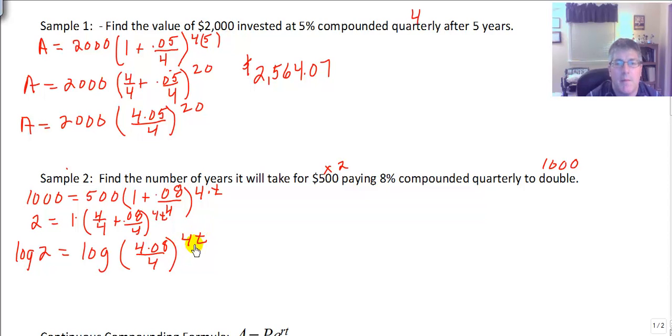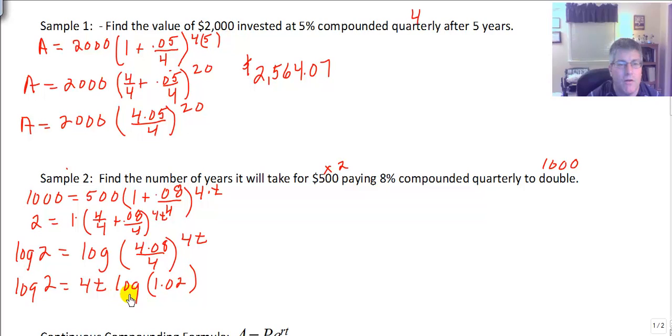I can apply my properties of logarithms. Log 2 equals 4 times t, log of 4.08 over 4, and hopefully you can recognize that. That's 1.02, isn't it?